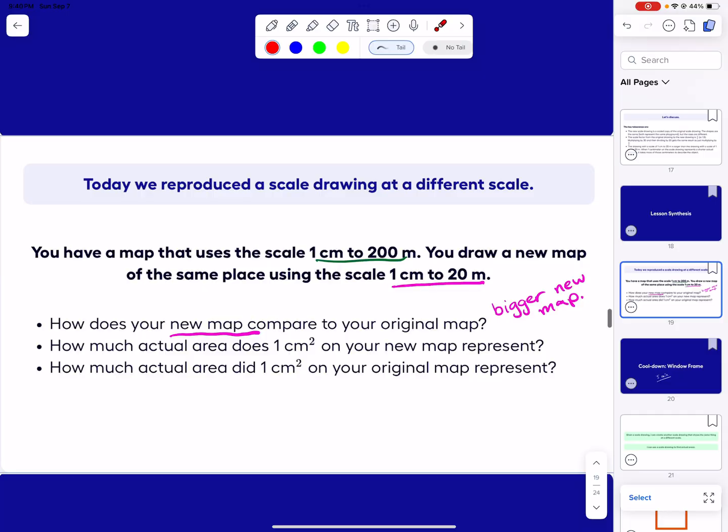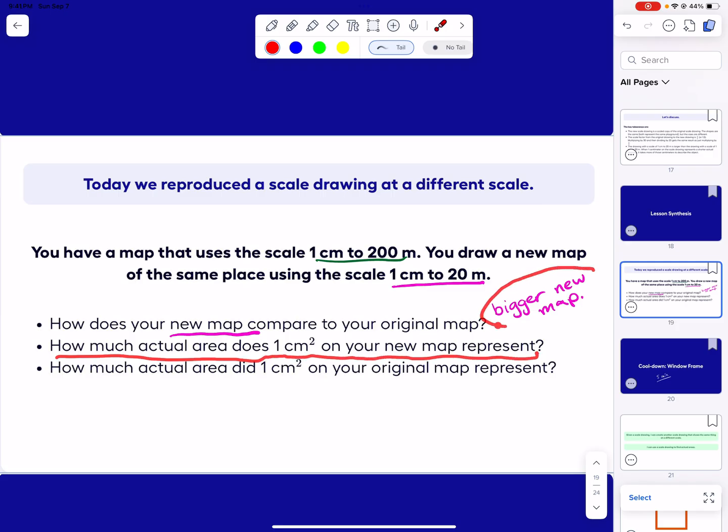So the whole point here is that how does your new map compare to the original map? This is the original, and the new map has this scale. Well, if you notice that the scale is small, that means that the new map is going to be bigger. The new map is way bigger. And how much actual area does 1 centimeter squared on your new map represent?